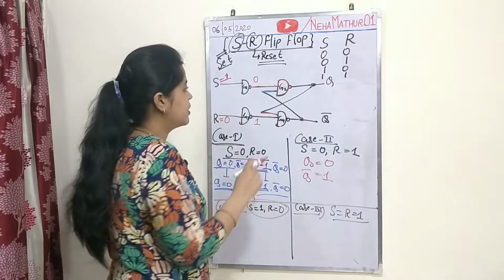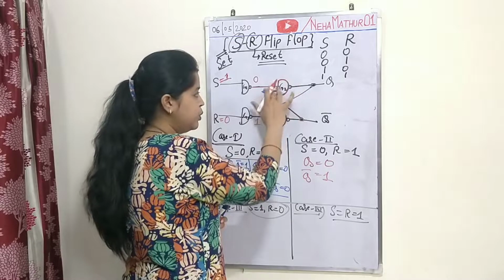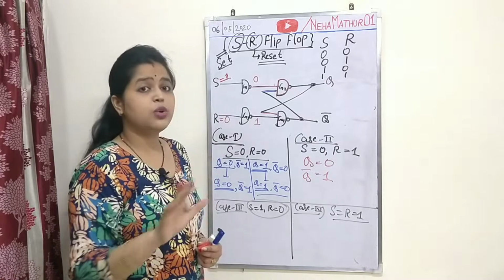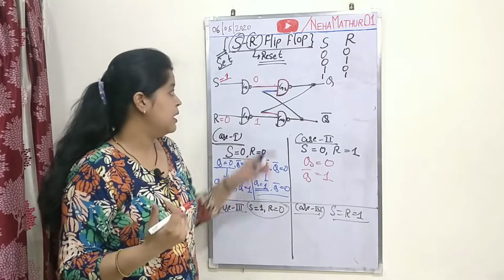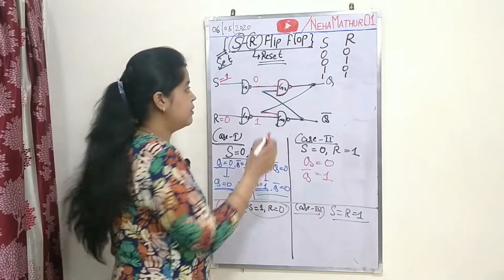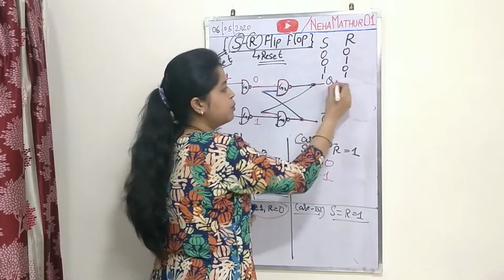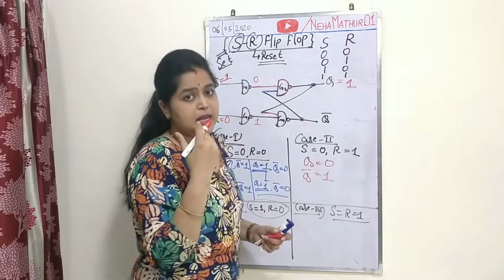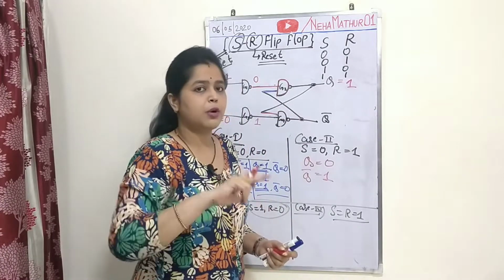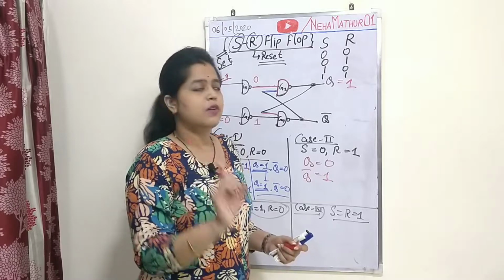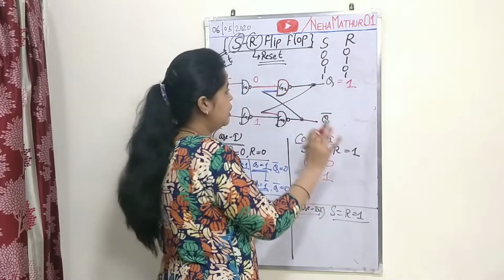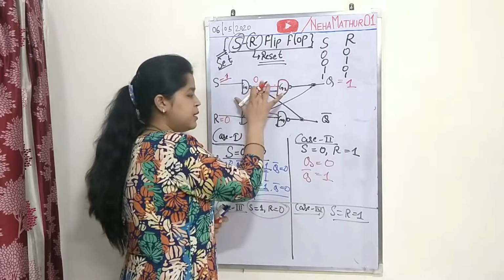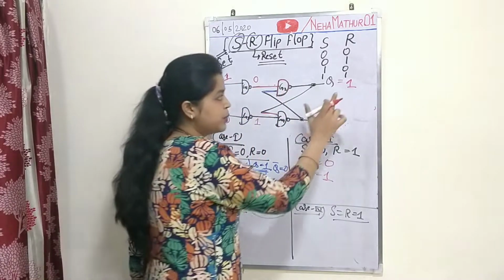Now again, for the calculation of G2, one input is 0, and I am again repeating, there is no need to assume the second input, because if one input is 0, then its output will always be 1, because if 0 is multiplied by 0 or 1, the product will be 0 and the complement of 0 is always 1. So you can directly execute this gate if one of its inputs is 0. So your output is 1.